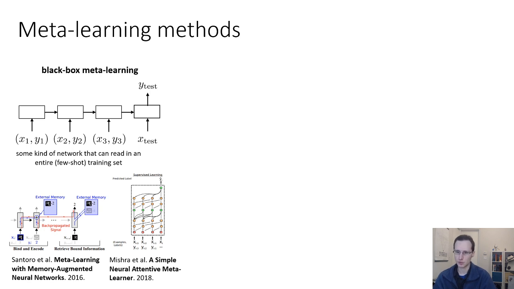So there are a bunch of different architectures that people have tried, but they all basically have the same idea. It's some kind of sequence model that reads in all the x, y's in the training set, then reads in the test point, and then outputs the label for the test point. And they're just trained with supervised learning.